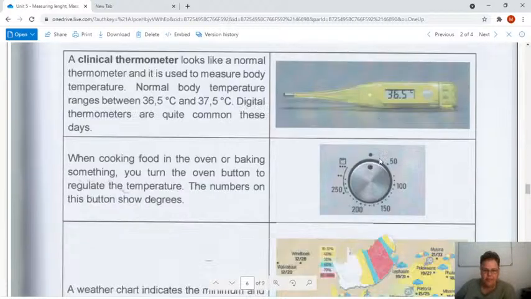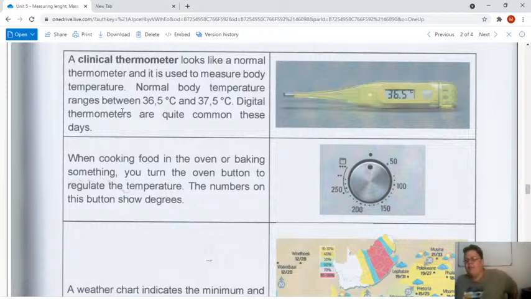Most definitely. Right, now when we have cooked, you will see on the actual stove itself, you will see this gauge over here. So when cooking in the oven or baking something, you turn the oven button to regulate the temperature. The number on this button shows degrees. In our country it will be degrees Celsius.